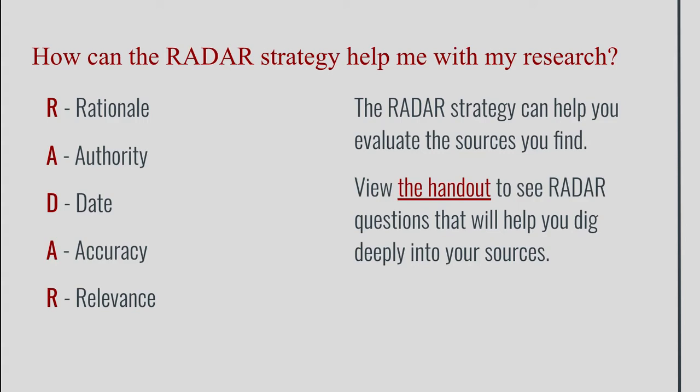For example, if a source was published very recently in response to prior research, it would be a point worth mentioning. Whereas if the research of a source was sponsored by an organization that has an investment in positive findings, that would be a potential issue of bias worth mentioning. So again, we're evaluating a specific source, and we're mentioning the certain criteria within the RADAR strategy that are more relevant to our annotation.